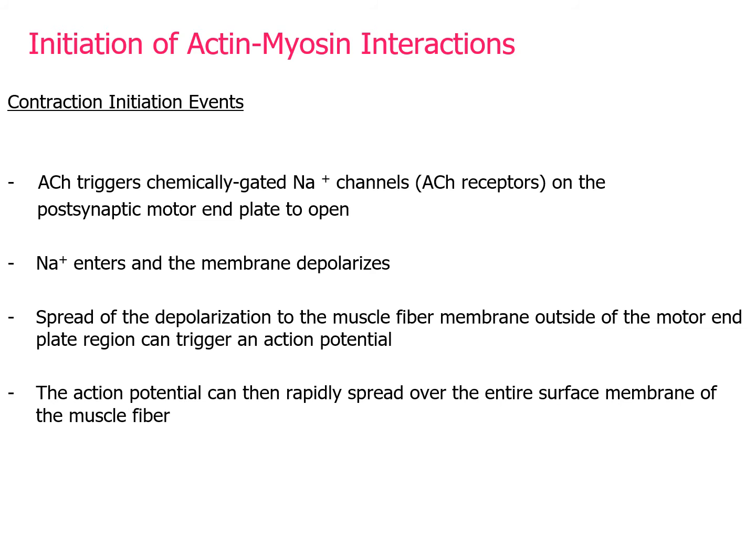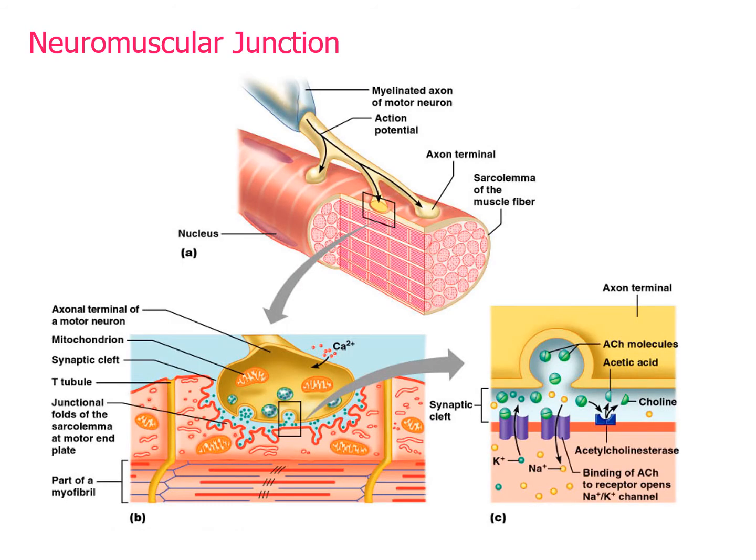So you get these channels opening and sodium enters, and the depolarizing effect, making the cell less negative because of the positive sodium ions, causes depolarization that spreads over the surface of that motor end plate. If the signal is strong enough, it'll spread even further over the entire surface membrane of the skeletal muscle fiber.